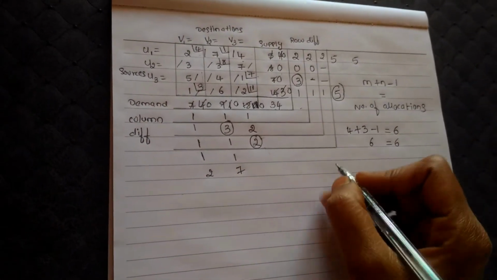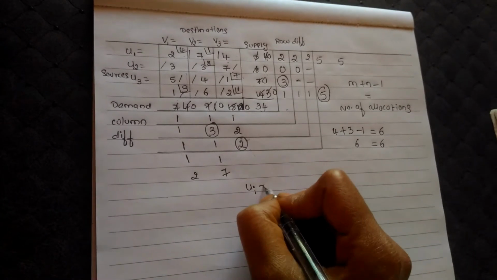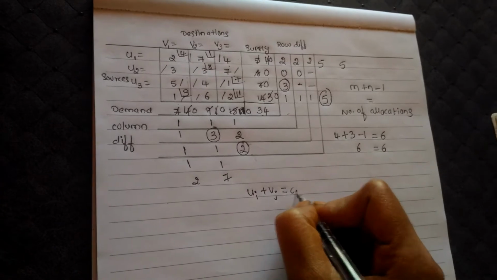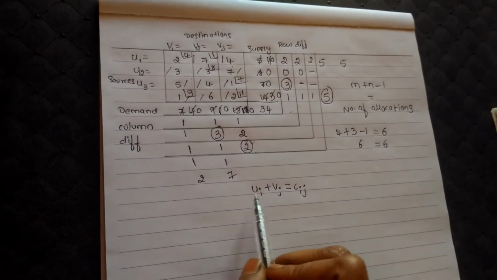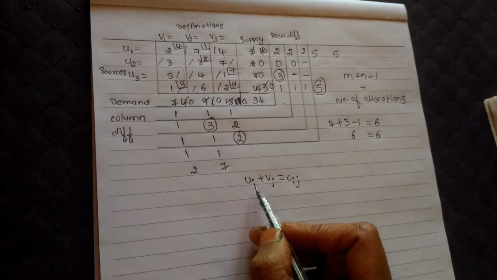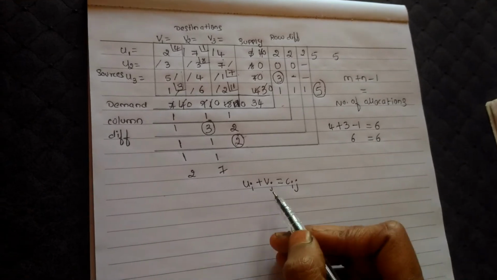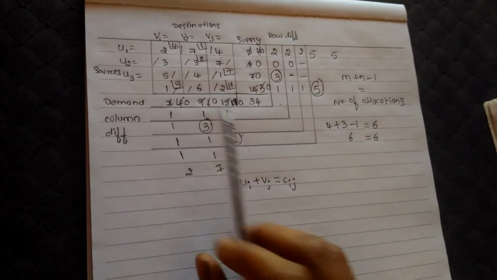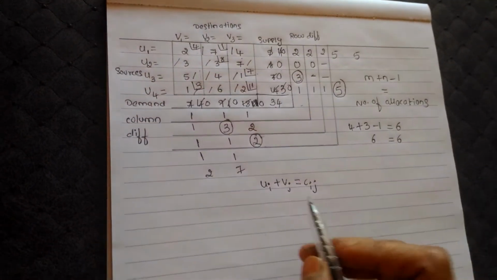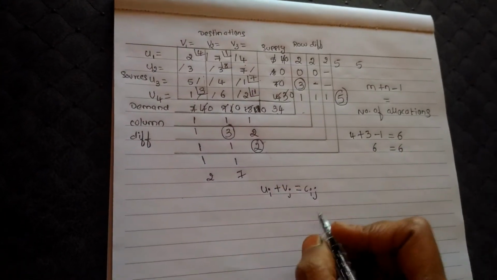We use the formula Ui plus Vj equals Cij. Ui is U1, U2 and U3; the i carries the values 1, 2 and 3 for U, and j carries the values 1, 2 and 3 for V.